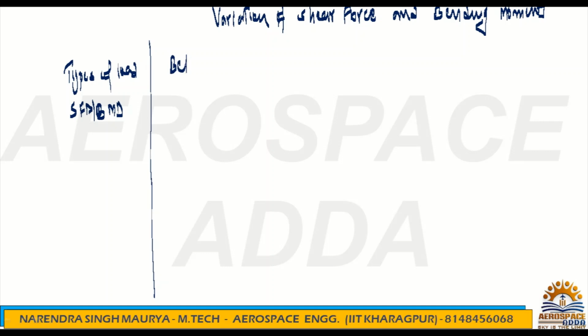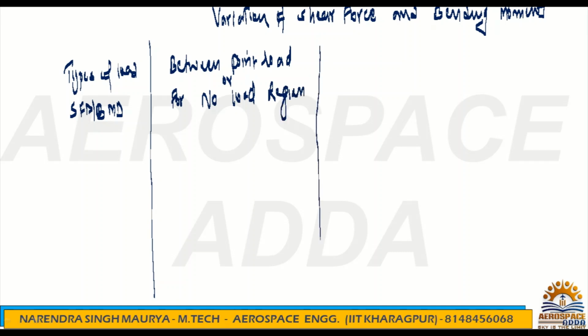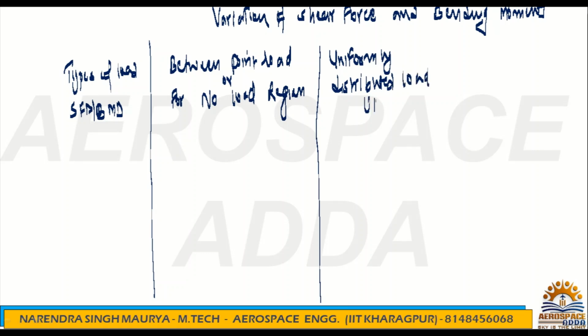between point load, or for no load region. Then we have uniformly distributed load, which is also called UDL.